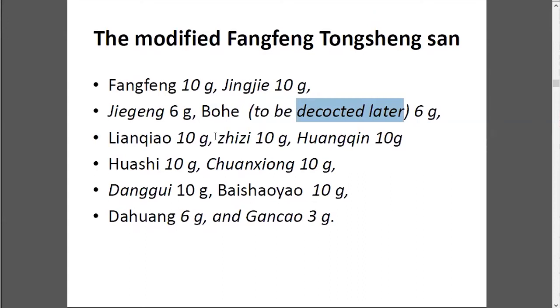And 连翘 clears heat toxins. And 栀子, we talked about a few times, clears 三焦 heat. And 黄芩 clears upper 焦 heat; most of the time we use 黄芩 for upper 焦 heat. 滑石 clears heat and promotes urination.